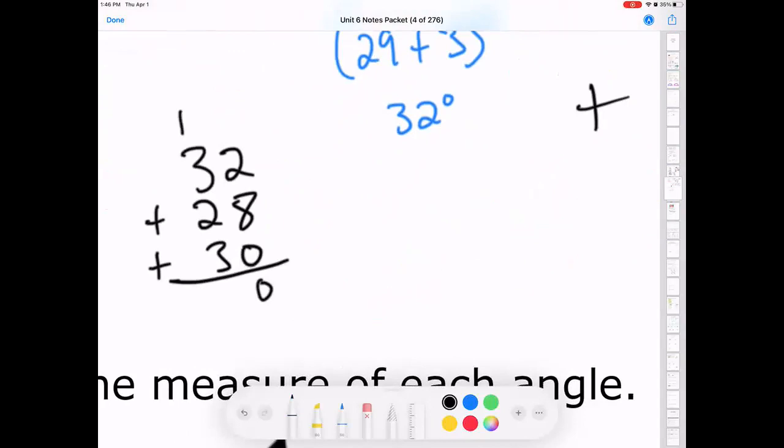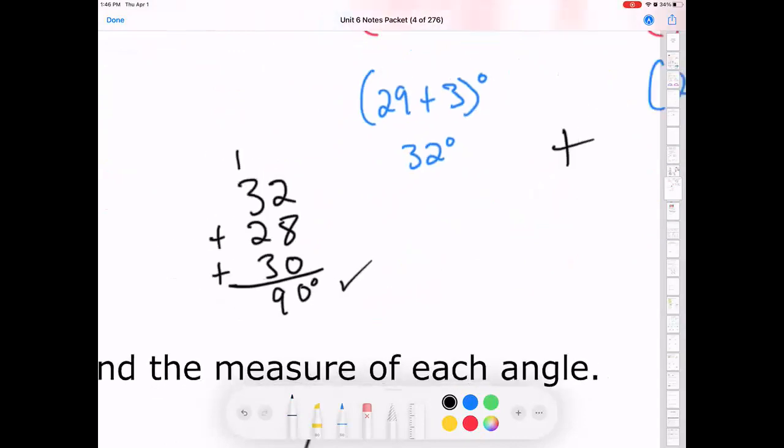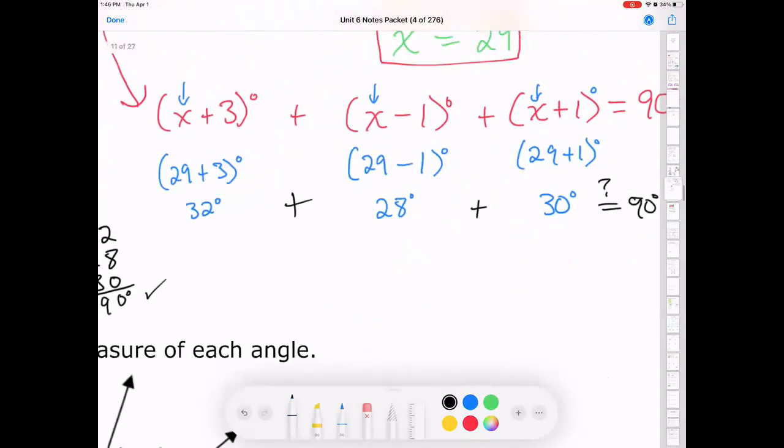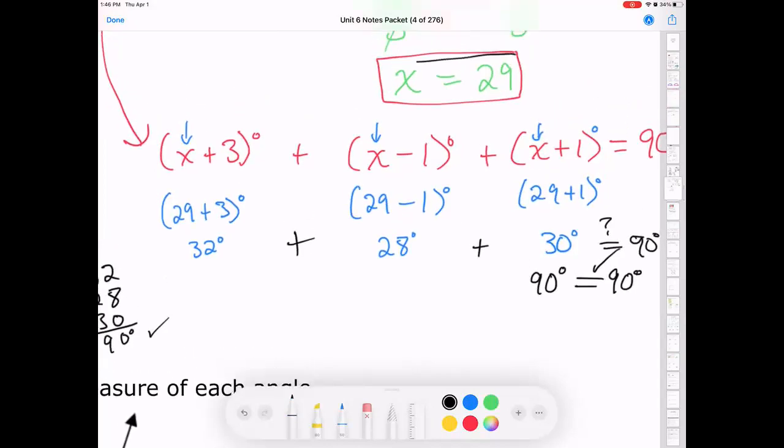Carry the 1. 1 plus 3 is 4. Plus 2 is 6. Plus 3 is 9. So yes, we do in fact get 90 degrees. And so 90 degrees is still equal to 90 degrees. Again, that just confirms our x value that we thought of earlier when we solved it is in fact correct. So we're going to box that.